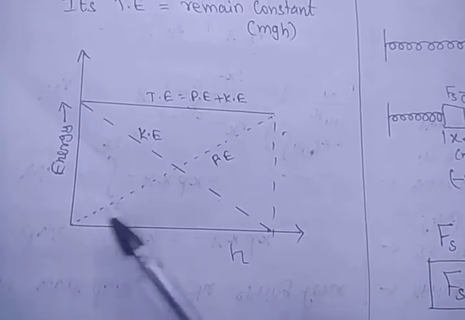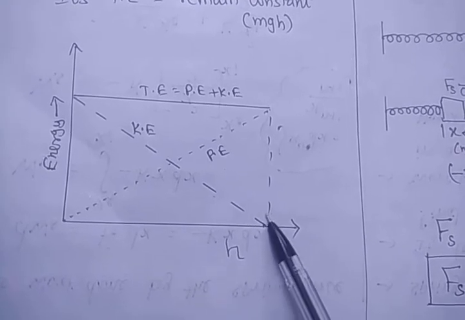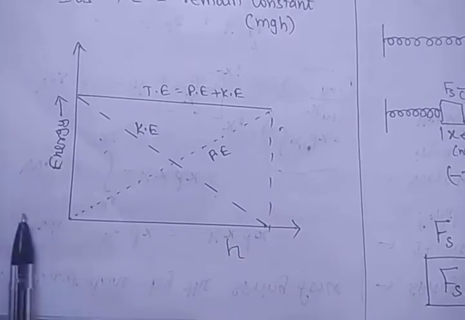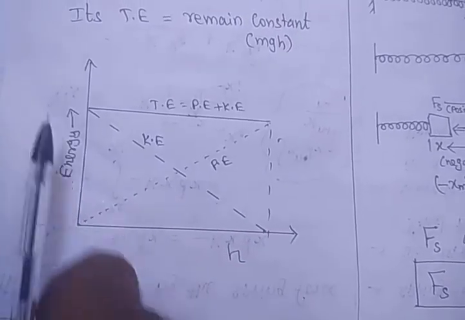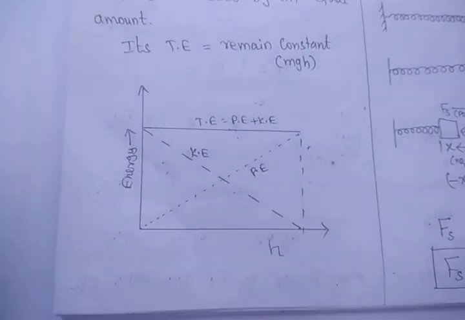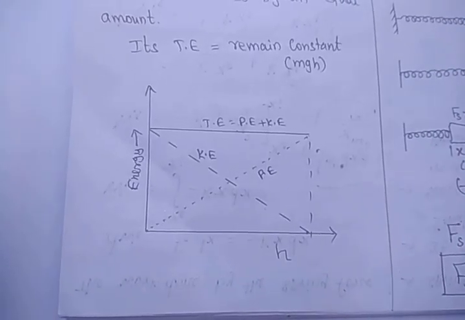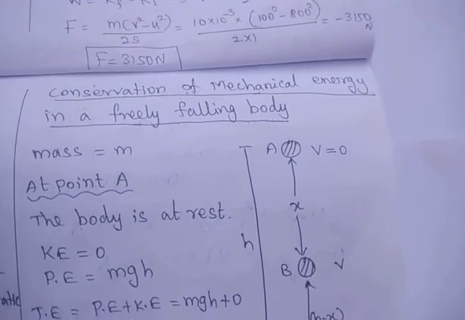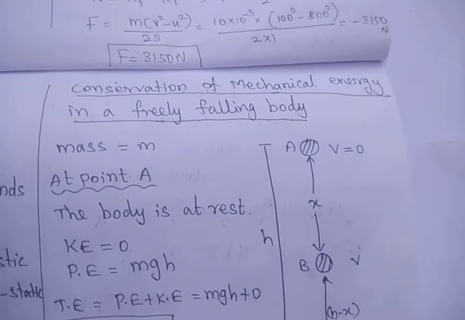At the maximum height, the kinetic energy is zero. So this graph clearly shows the conservation of total energy, that is, conservation of mechanical energy in a free falling body.